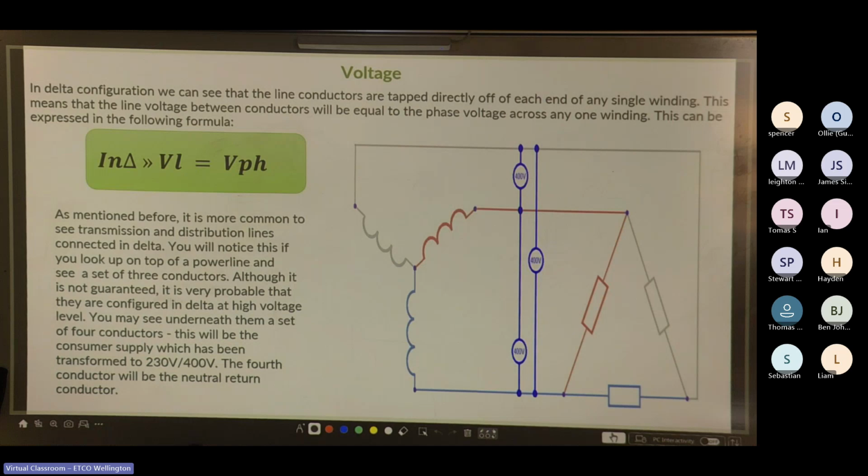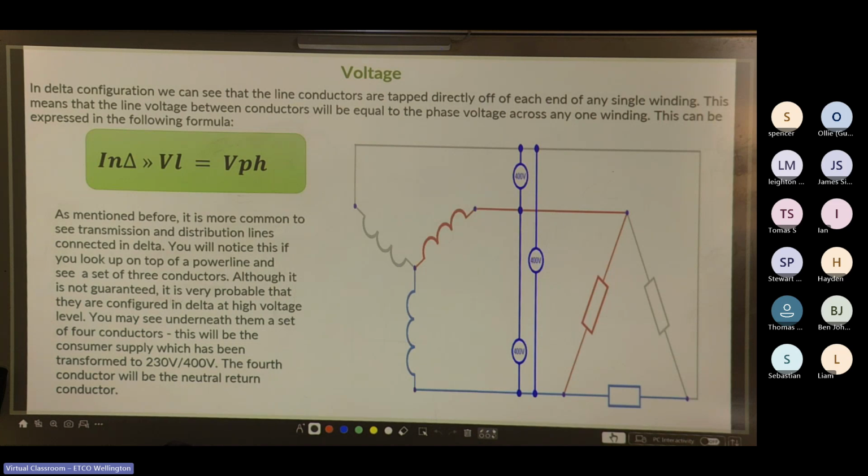Cool. So in delta configuration, we can see that the line conductors are tapped directly off of each end of any single winding. This means that the line voltage between conductors will be equal to the phase voltage across any one winding. This can be expressed in the following formula. So in delta, VL equals V phase.